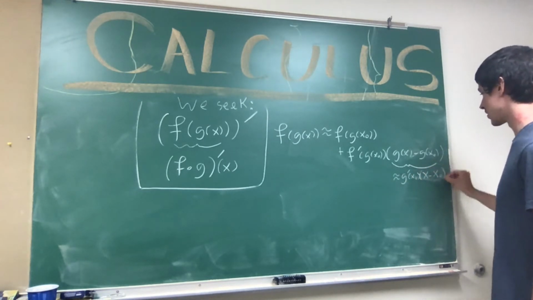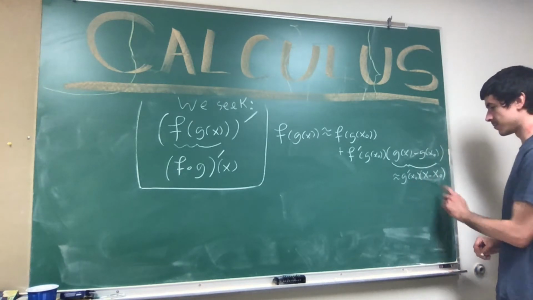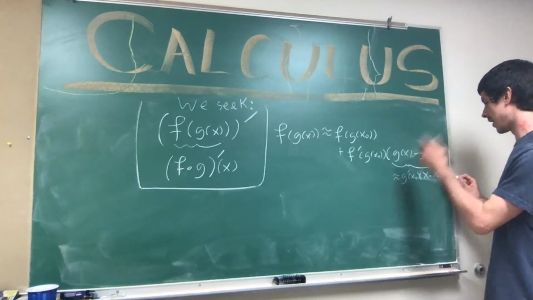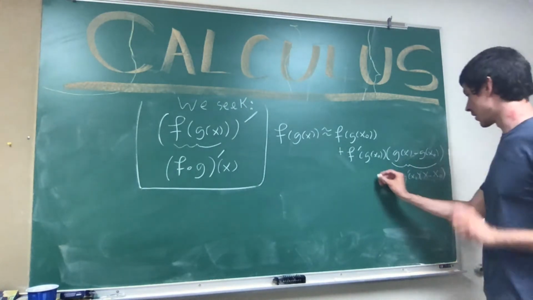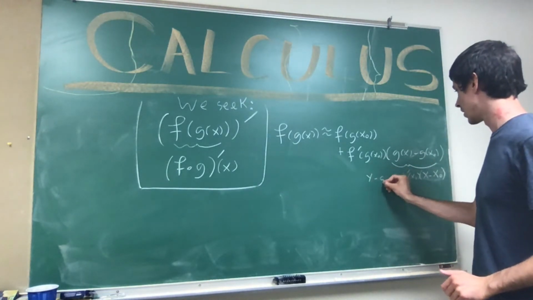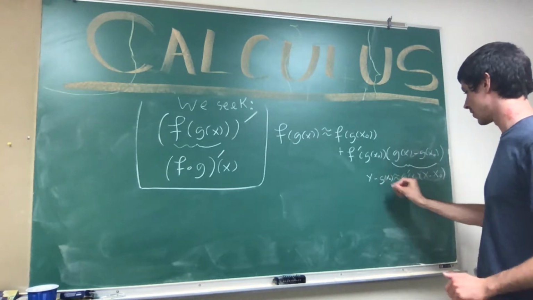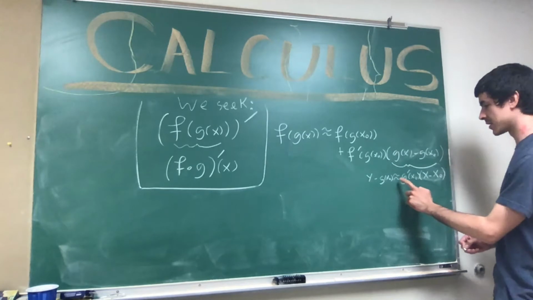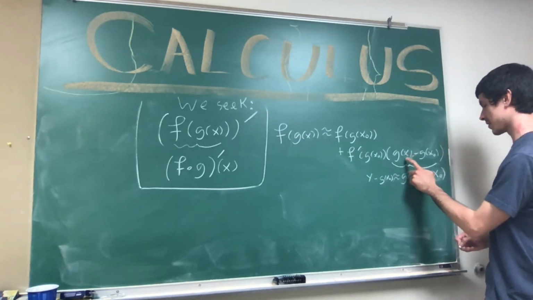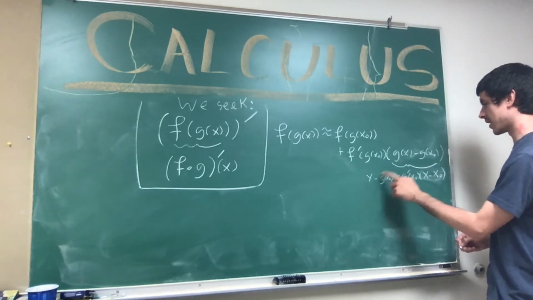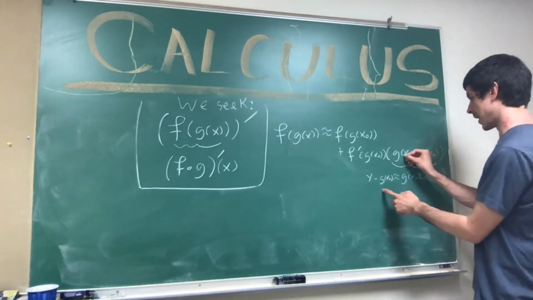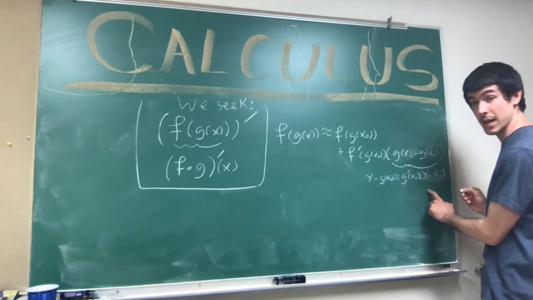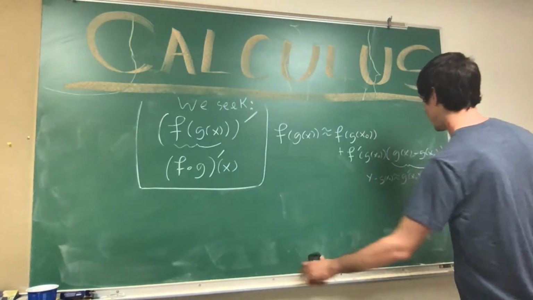I mean, that's just the formula for the tangent line: y minus g of x0 is approximately equal to this, or is equal for the tangent line, so that means g of x in place of the y in the tangent line, so g of x minus g of x0 is approximately equal to g prime of x0 times x minus x0.